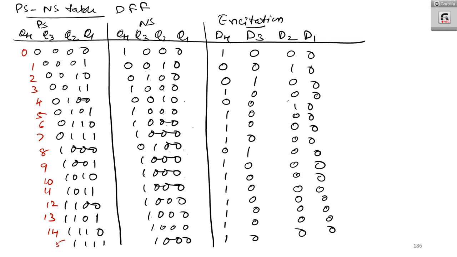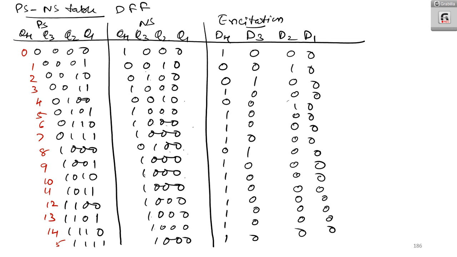Yeah, nothing is similar. So what you should do is find the expressions for D4, D3, D2, D1 and apply them in the counter. How will you do that? That is the next question.